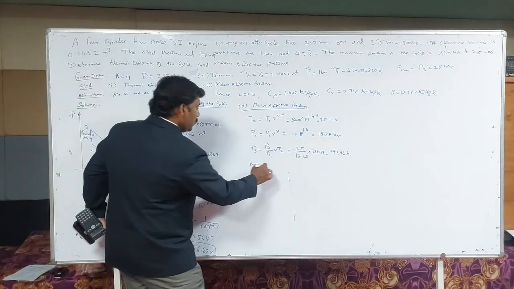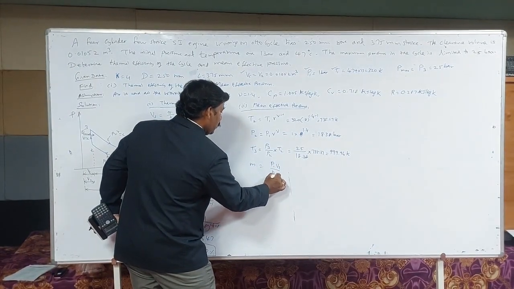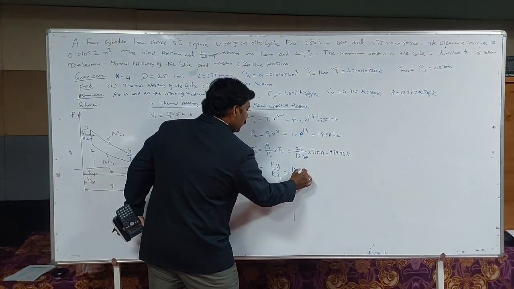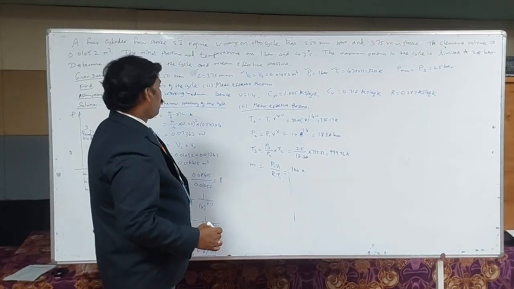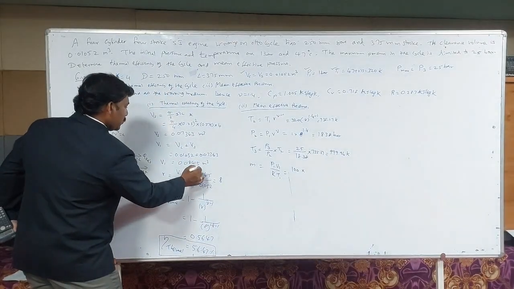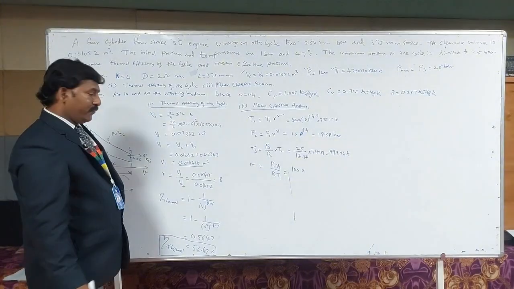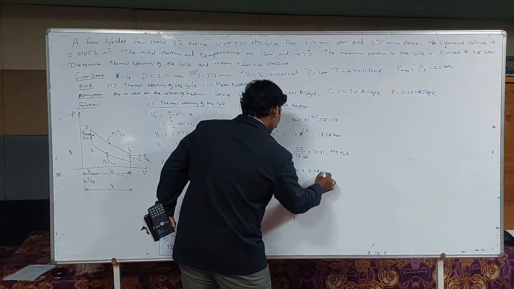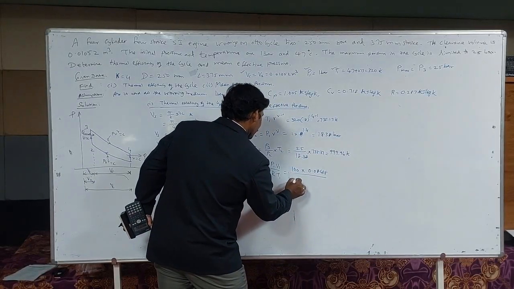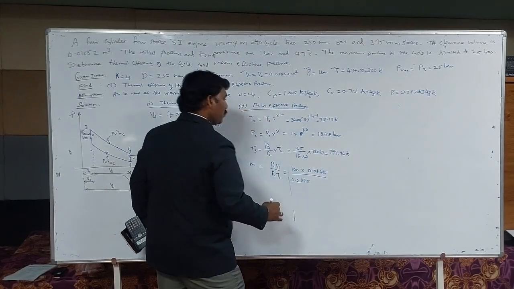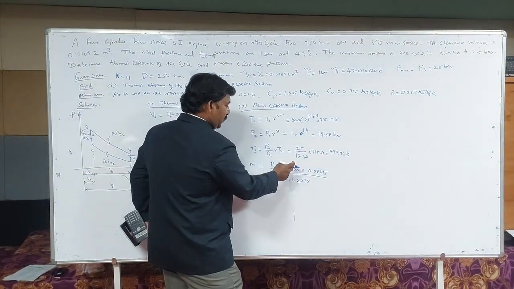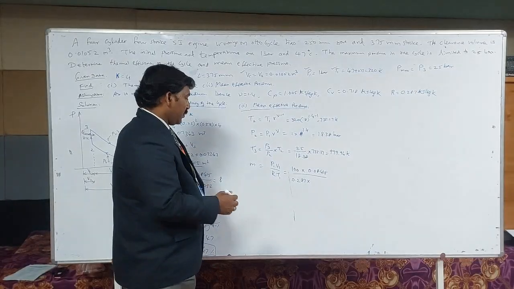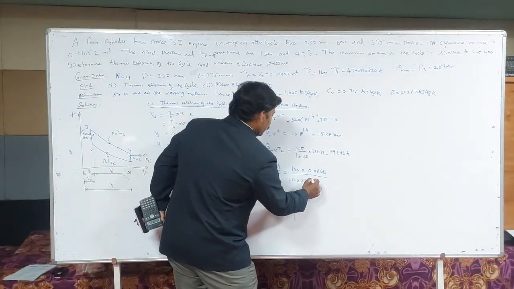Then we have to find out the mass of air handled per cycle. So m is equal to P1 V1 by R T1. P1 we know is 1 bar. I can write it in terms of 100 kilopascal, into the initial volume, which we have found out here as 0.08415 meter cube, divided by R, the gas constant, which is 0.287 kilojoule per kilogram Kelvin. Since I am substituting P1 in kilopascal, I am substituting R in kilojoule per kilogram Kelvin, into the temperature T1, which is 320.